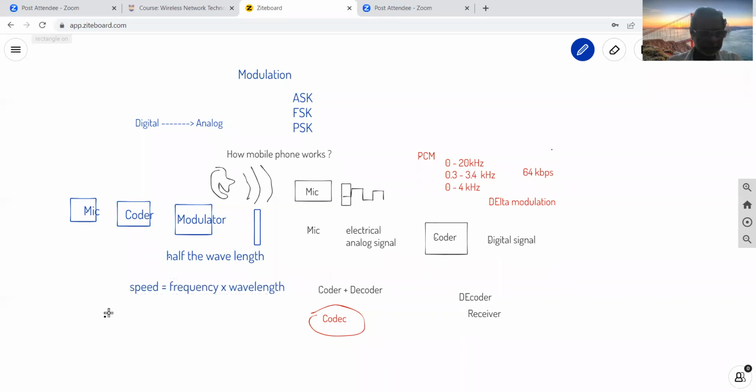The speed of a signal in free space is 3 into 10 to the power 8 meters per second.